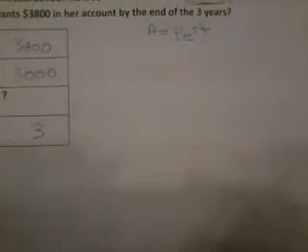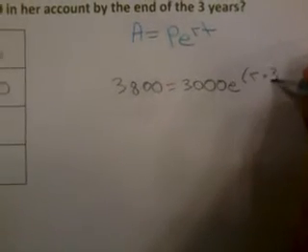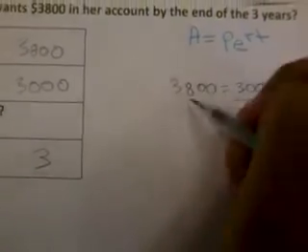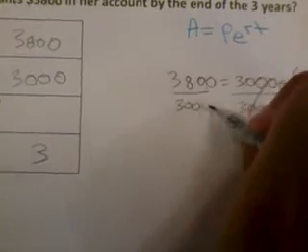Now all we're going to do is plug in the numbers into our equation. So it's going to be 3,800 equals 3,000 E to the R, we don't know what R is yet, times 3. Okay, so we're going to divide by 3,000 on both sides. And then we can cancel out 2 zeros.